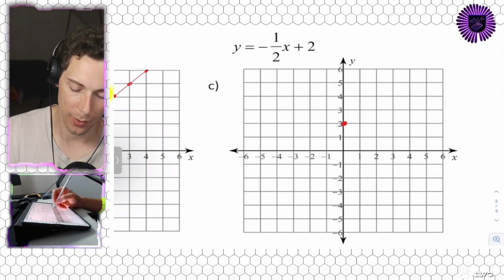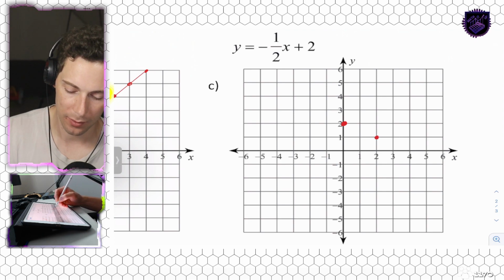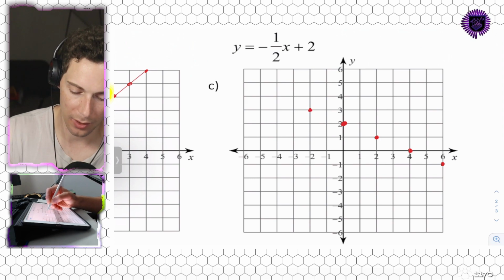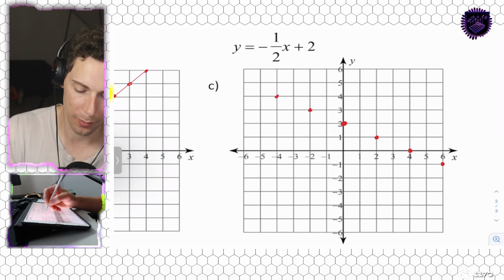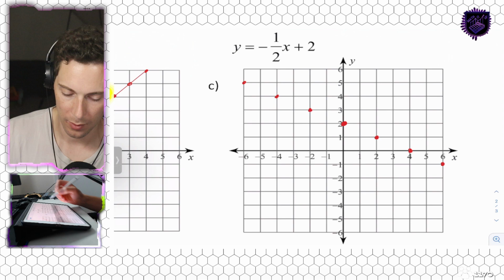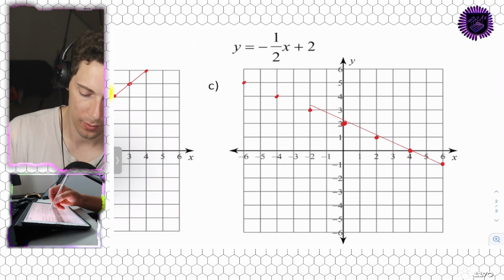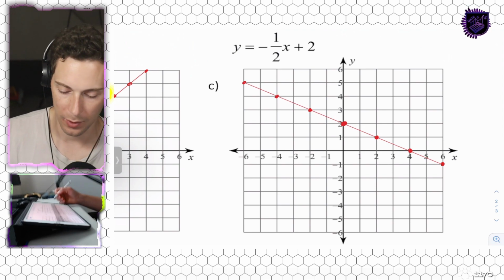So every 1 down, move 2 over. This is going to be our line. We can do it the opposite direction. For every 2 over, move 1 up. And there's our line.